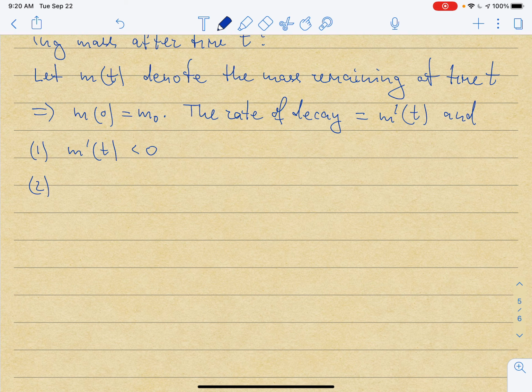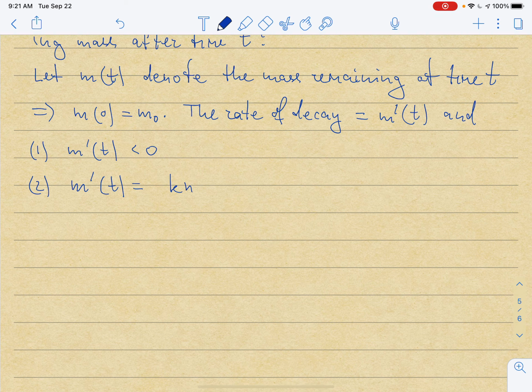So the more material you have, the larger mass is going to be lost at the unit of time. And so it doesn't take long to realize that we have the same property that we saw before for bacteria, that m prime of t must be proportional to the remaining mass at the time t.